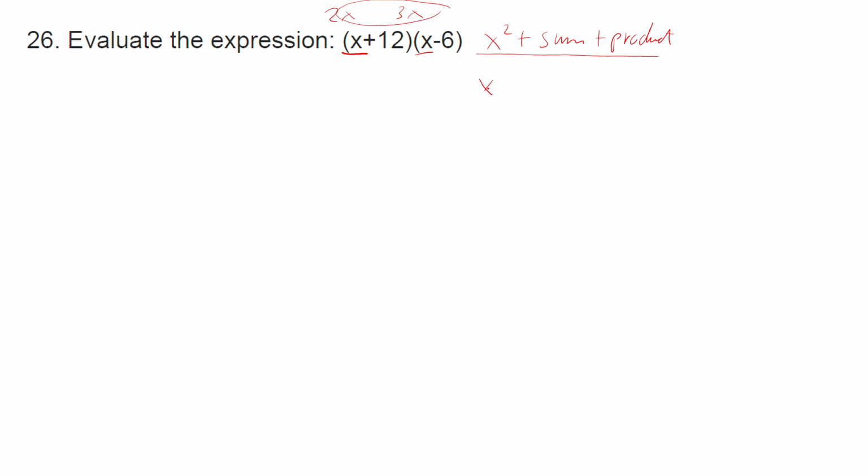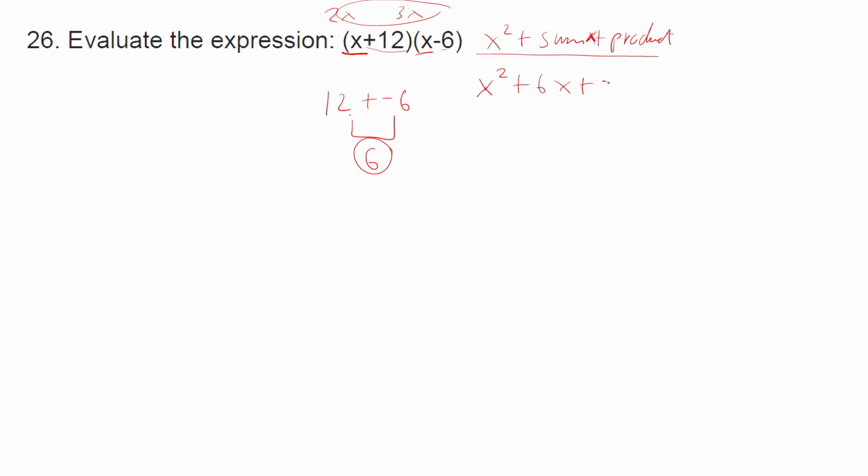However, going back, this one will become x squared plus, what's the sum? What's positive 12 plus negative 6? It's like you have 12 pesos and then you have a debt of 6 pesos. When you settle that debt, you'll still have positive 6, or 6 pesos. So that's plus 6. Don't forget the x. And then plus the product. What is the product of 12 and negative 6?